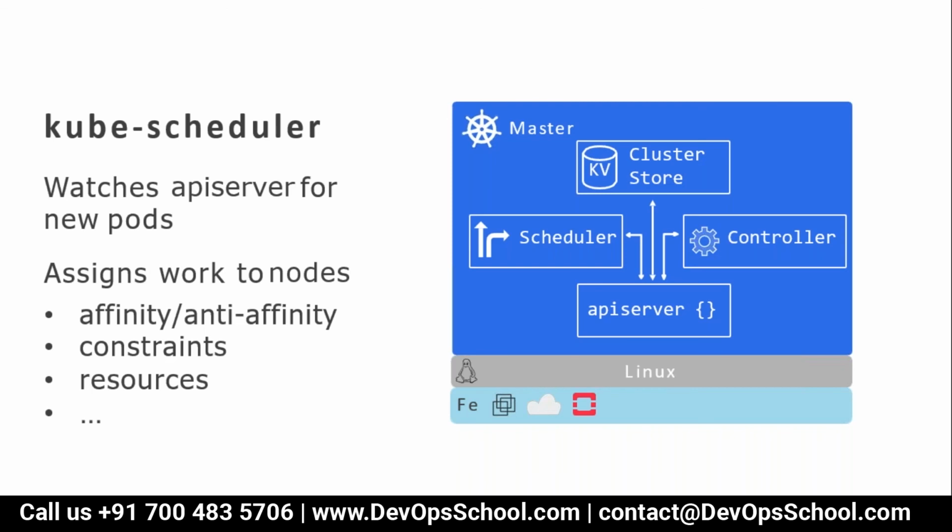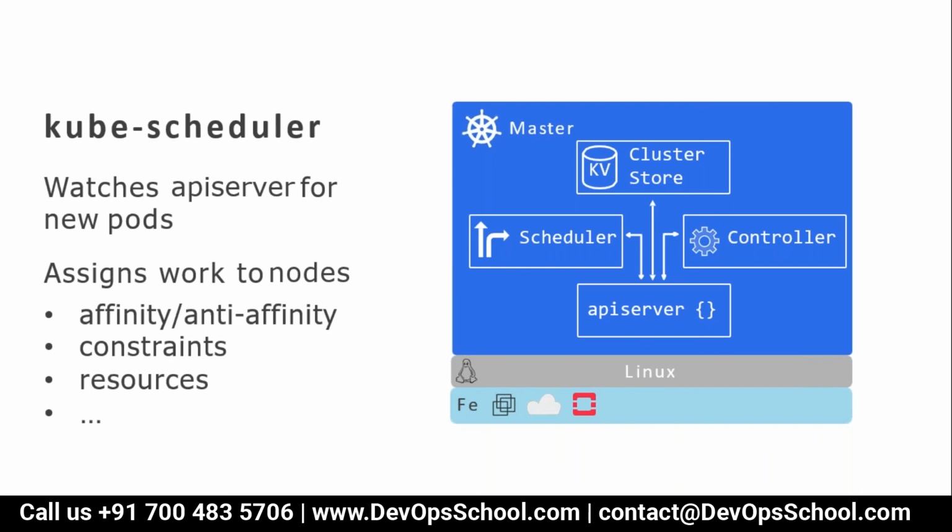I said one statement: workload placement. I hope you remember. So workload placement is done by the scheduler. These guys keep watching the API server for new pod requests, and based on the request they schedule. It never does the work. It schedules the work to the node, I repeat, the worker node.